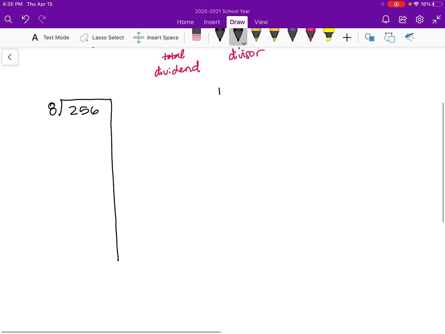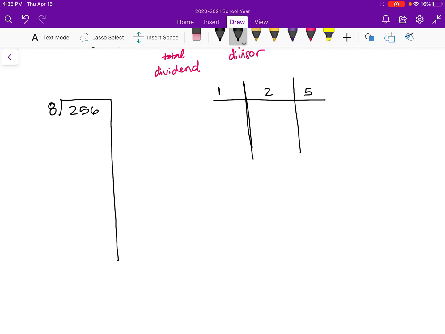The last thing I'm going to do before I actually start the problem is make a number bank, so that I don't have to multiply a bunch of times. So I'm going to multiply 8 times 1 is 8, 2 times 8 is 16, and 5 times 8 is 40. So there's my number bank of 1 times 8, 2 times 8, and 5 times 8.